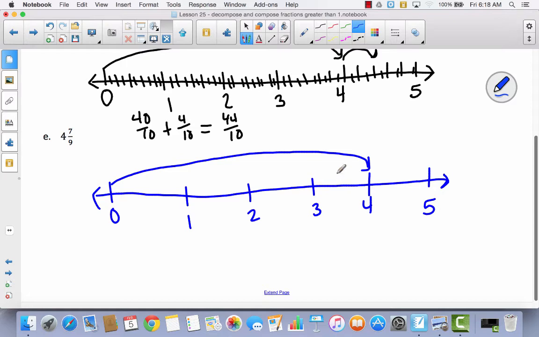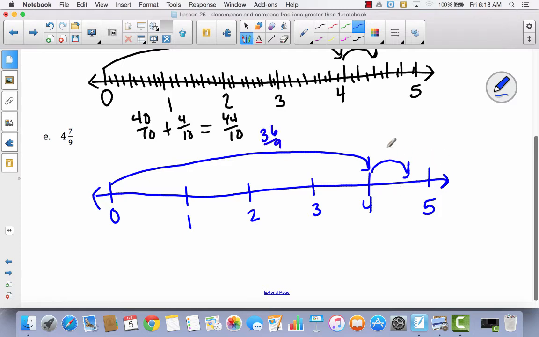I want you to pause the video and see if you can figure out how many ninths it is from 0 to 4, and then how many ninths it is from 4 to 4 and 7/9, and see if you can finish the rest of this problem by yourself. If you get stuck, you can just press play. Okay, so hopefully you thought to yourself, well, 9 ninths 4 times would be 36 ninths.